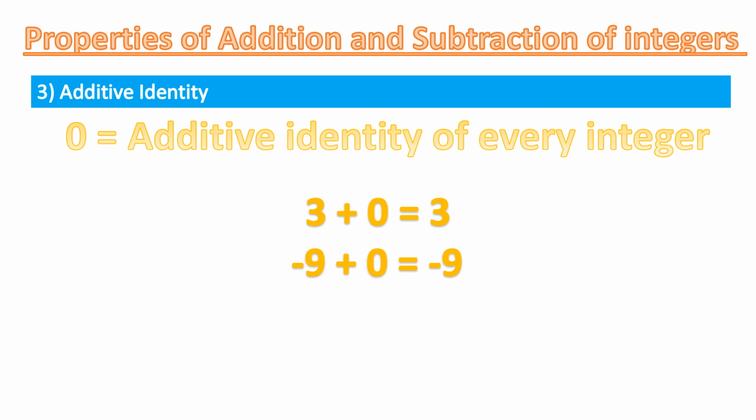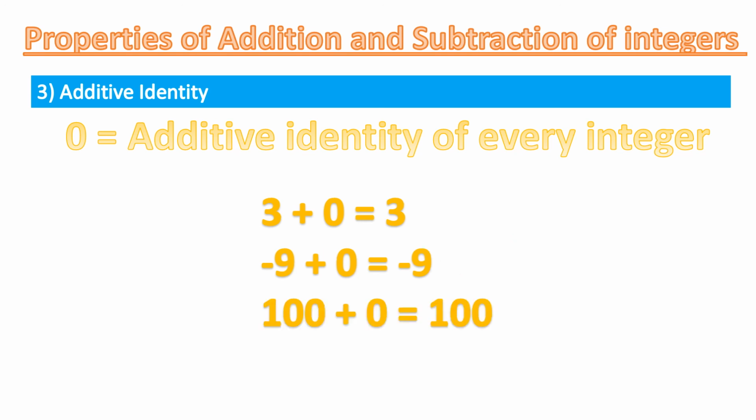Now let's look at one more example. 100 plus 0 is equal to 100. Now I have taken one integer, that is 100, and when I add 0 to the integer, I get the same integer. So I can say that 0 is the additive identity of 100. So I can conclude that 0 is the additive identity of 3, of minus 9, and of 100.